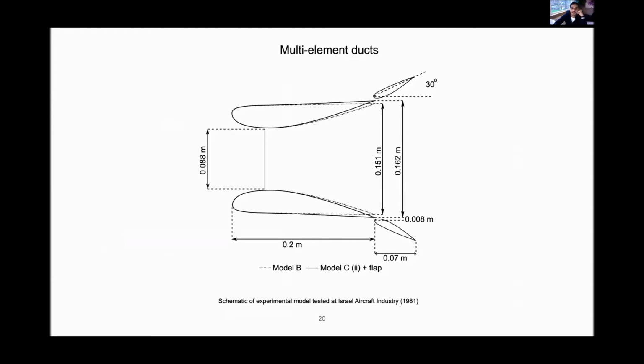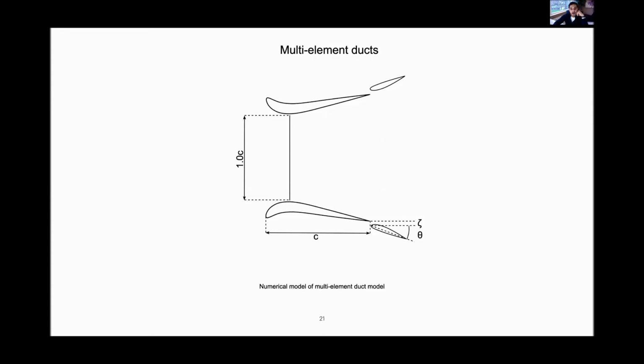He tested two configurations: a ducted configuration with an actuator disk model, and a second element, which is just like a second airfoil attached to the trailing edge of the duct. And how would that enhance the performance? But the question to us was, if we have the second element, what would be the optimal setting, or the optimal position of the secondary element with respect to the primary duct?